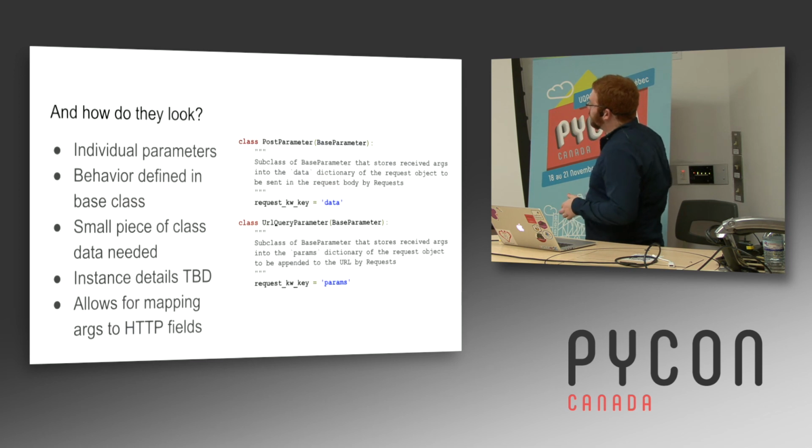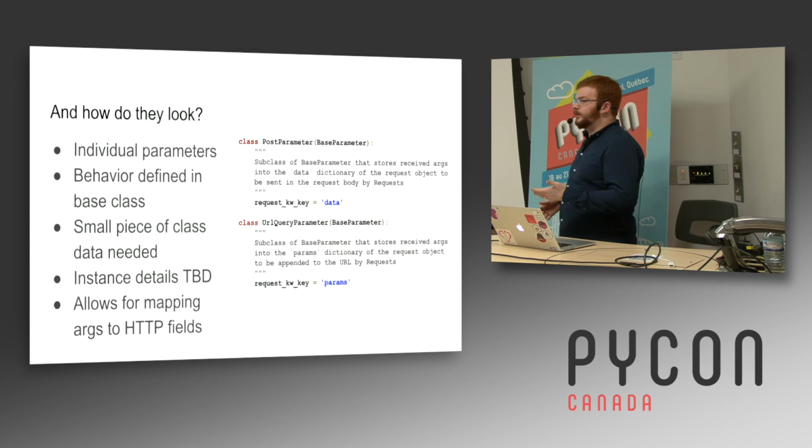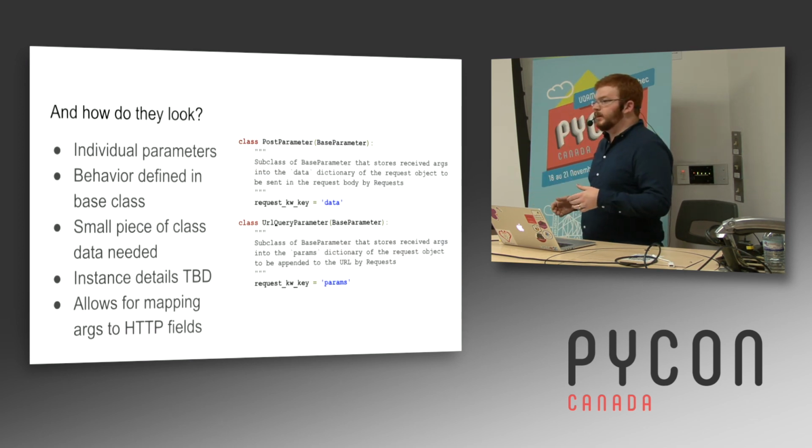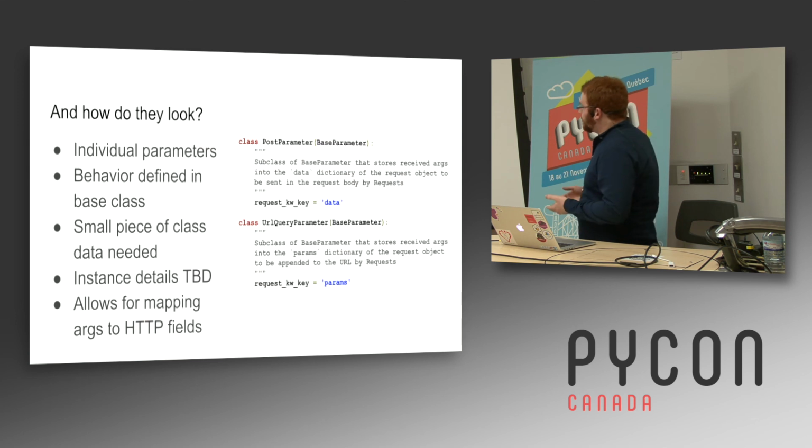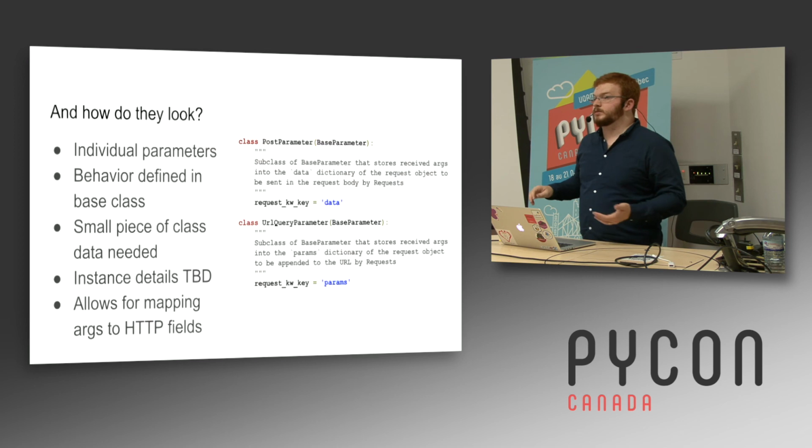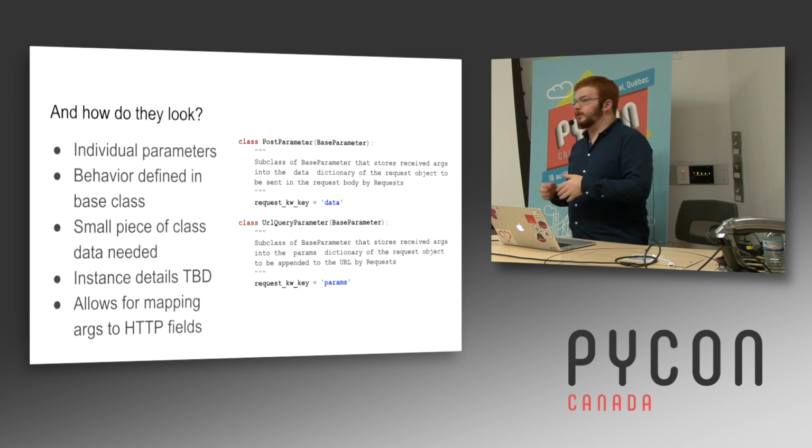Essentially what each of these classes are doing is saying that when I have, for example, a URL query parameter defined that has a given name, then if I am asked to apply that parameter to a given request, I'll look at the incoming keyword arguments. I will look for the one that has my name, and if it's present, I will move it into the params dictionary, which is what requests expects a URL query parameter to come in as.